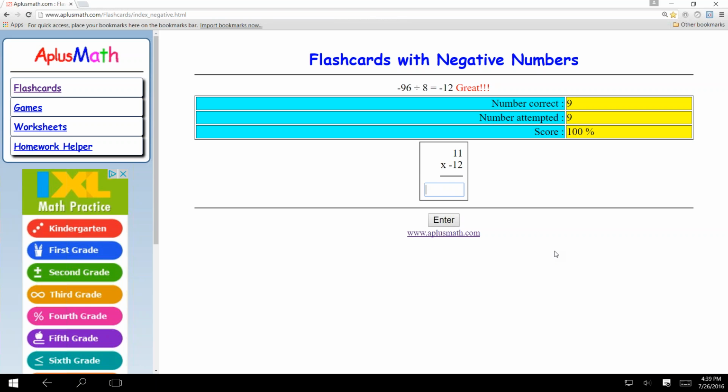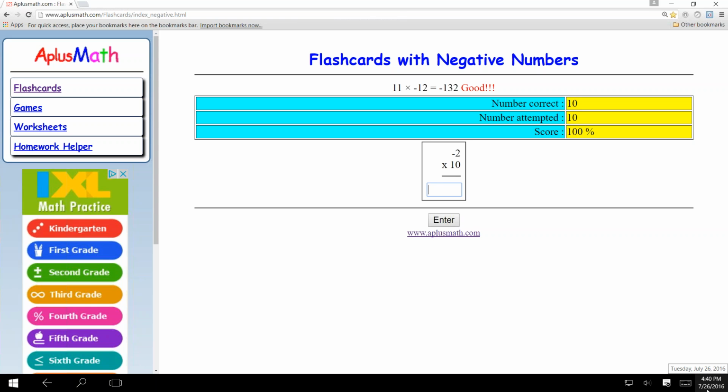Negative. Okay, good. Now, you notice how I did that. I didn't do 10 times 11 to come up with 110, because then I would have had to add 2 more 11s to that. So it's much easier, if I'm thinking about it, to do 10 times 12 and then add 1 more 12, because it's 11 times 12 instead.